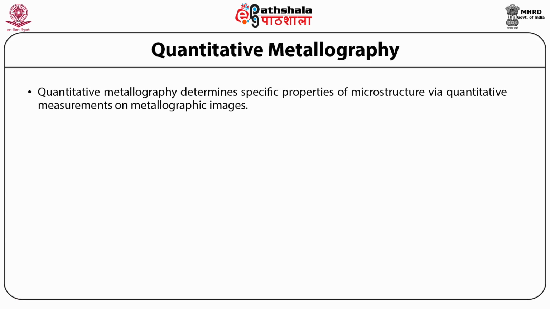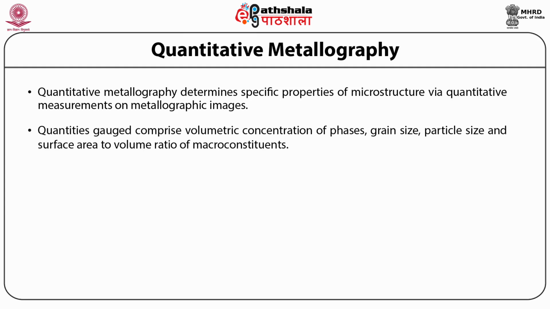Quantitative metallography determines specific properties of microstructure via quantitative measurements on metallographic images. Quantities measured comprise volumetric concentration of phases, grain size, particle size, and surface area to volume ratio of macro constituents.